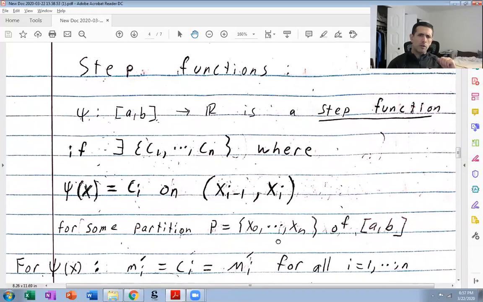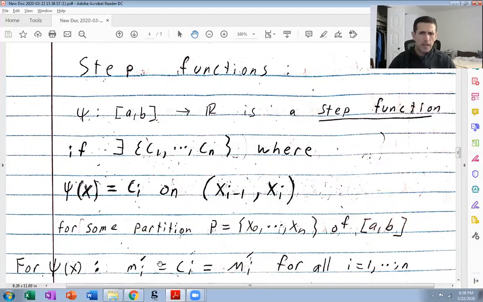Okay, so basically a trivial observation is that for a step function, if I define little mi prime and big Mi prime as I just had a minute ago, so little mi prime is the infimum of this function on this interval. Big Mi prime is the supremum of psi on this interval, xi minus 1 to xi.